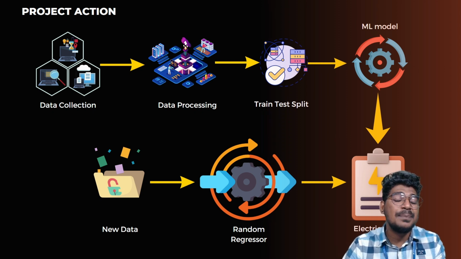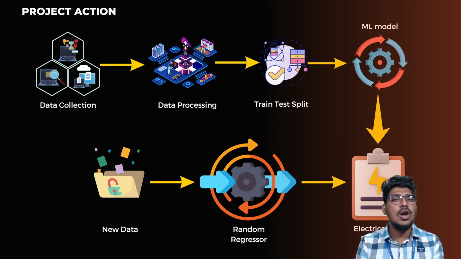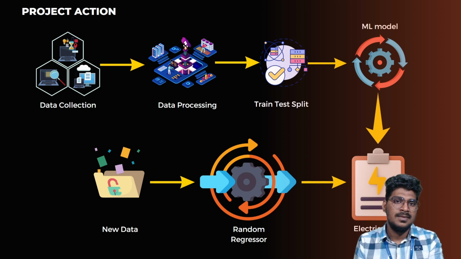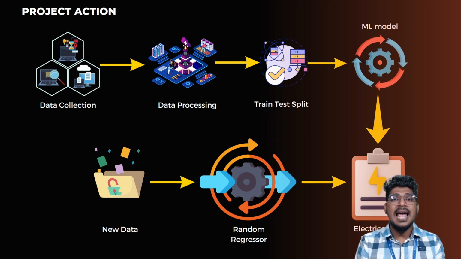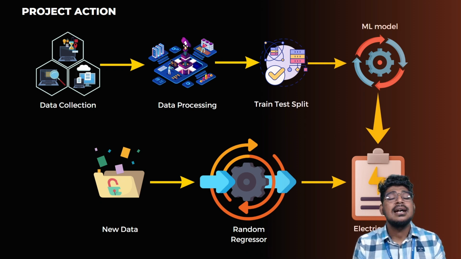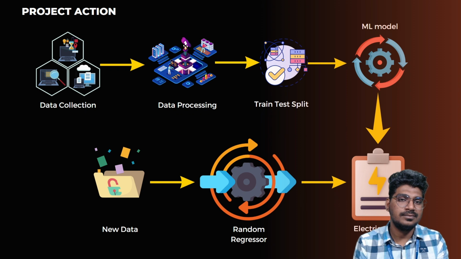That is nothing but the dependent data. So dependent data is always the output value. Independent data is always the features of the value. So x stores features and y stores output, or independent and dependent.